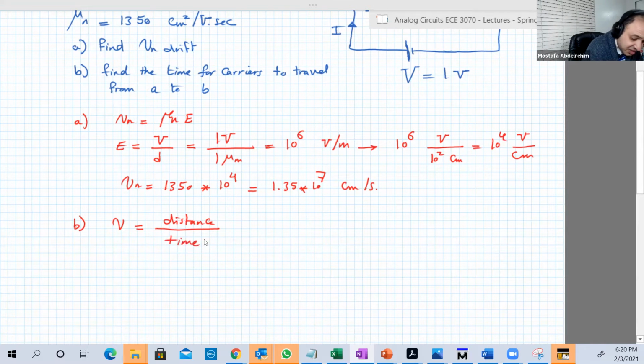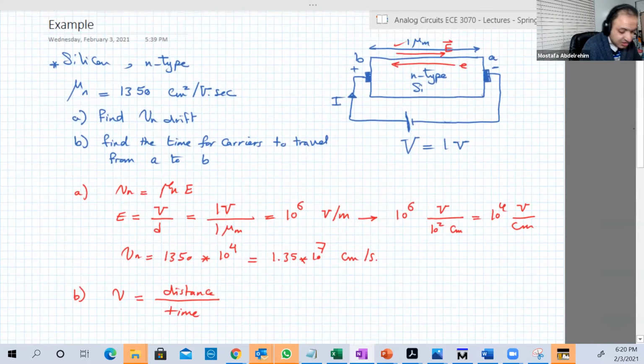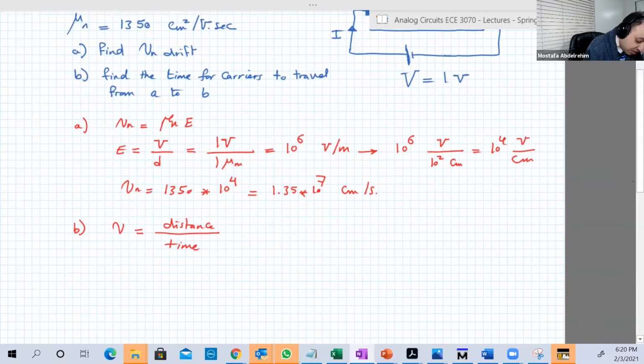The distance is the distance that the electron will move through, which is 1 micrometer, and the time is the required variable, our unknown. So basically, 1.35 times 10 to the power of 7 equals 1 micrometer over the time.